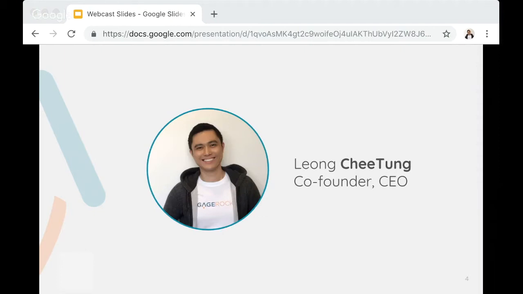So I'm Chetan, the co-founder and CEO of EngageRocket, and together with Dorothy, our other co-founder, we've done this for a living for more than 7 years now, and we started out running a regional division of a global HR consulting company, and what we found was that the traditional consulting model had significant challenges, especially when it came to employee engagement surveys, which was the bread and butter of what we did.